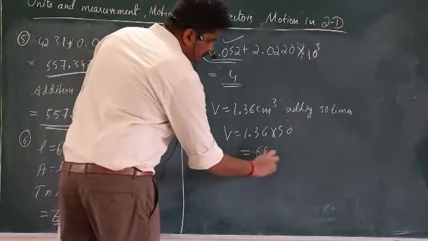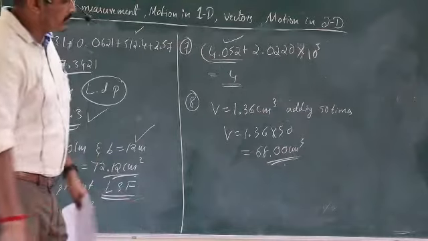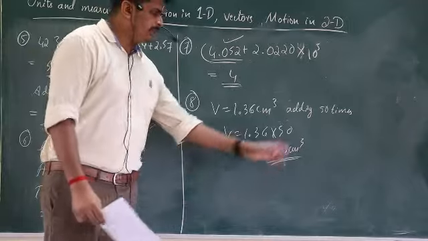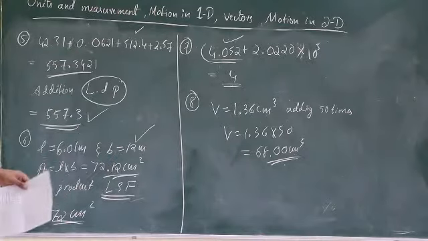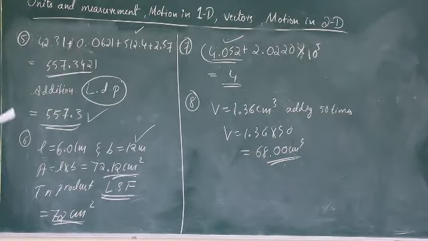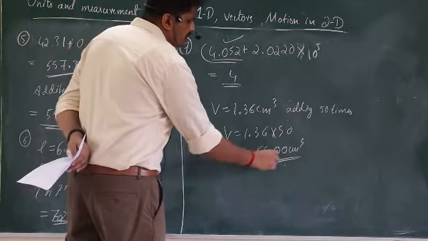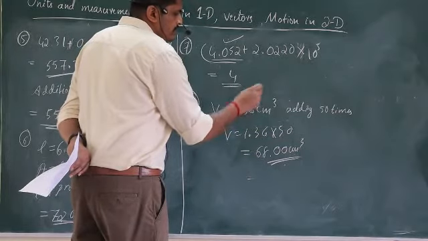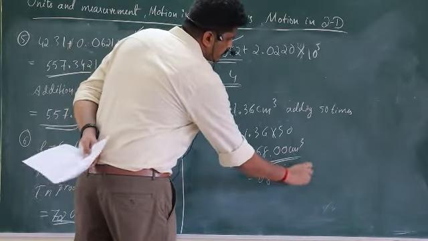But you are actually adding 50 times, so you should represent this answer with the least significant figures. The final answer is 68.00, but how many significant figures are there? 3 significant figures. So we can say 68.0 centimeter cube.